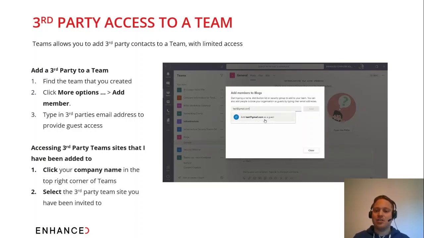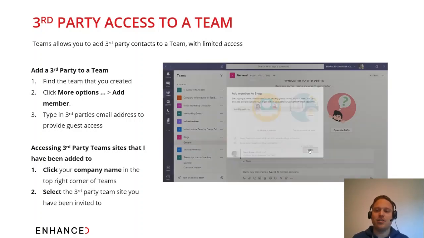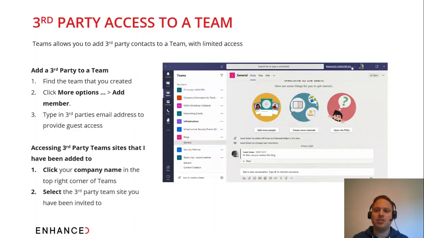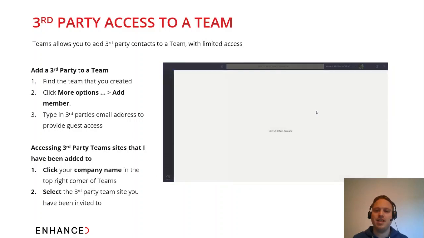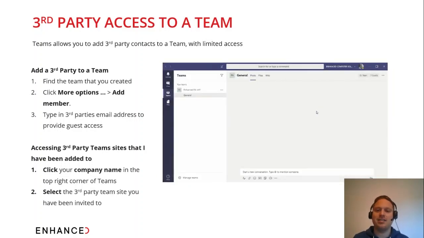Also, if you're added to another company's team as a third party, if we click on the company name of ourselves, choose the third party company name, that will then provide us access to that third party team site. This is useful if you've got external contractors or you're working on content with a third party.